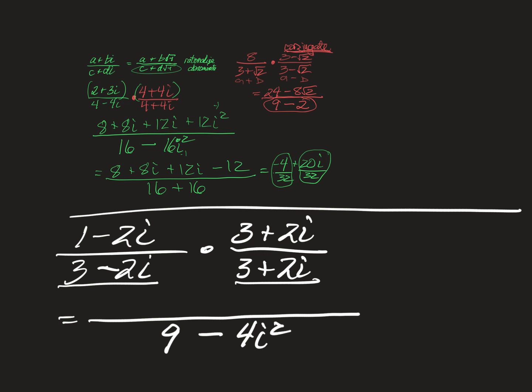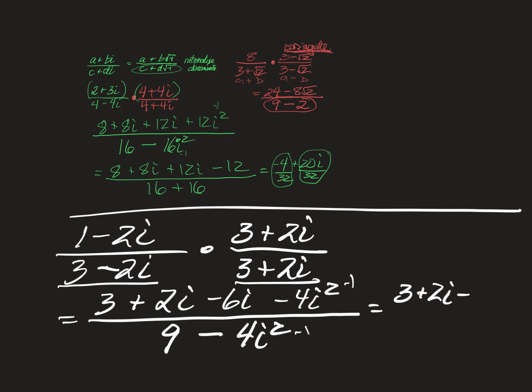The numerator we've got to multiply out. 3 plus 2i minus 6i minus 4i squared. Now, i squared is equal to negative 1. So this will give us 3 plus 2i minus 6i plus 4.